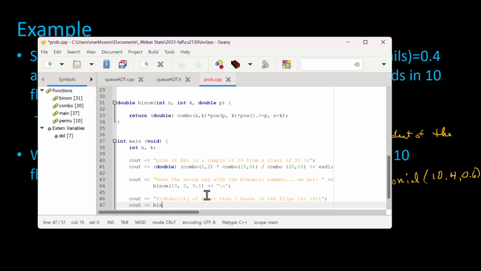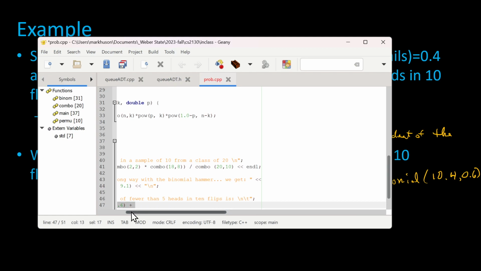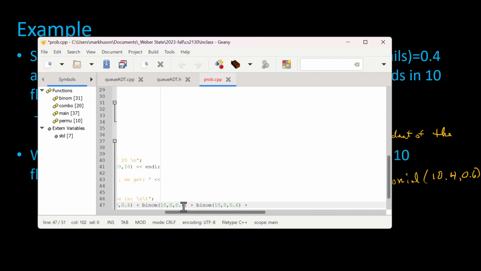Here I want binom of 10, 0, 0.6, plus, and then I like to cheat. Well, I just don't like to type a lot. I'm willing to pay the price of having my mouse do weird things. 0, 1, 2, 3, 4.